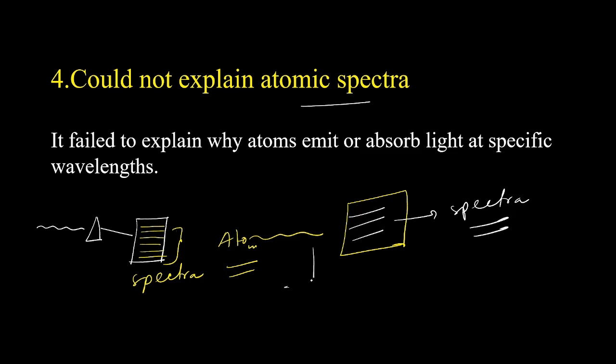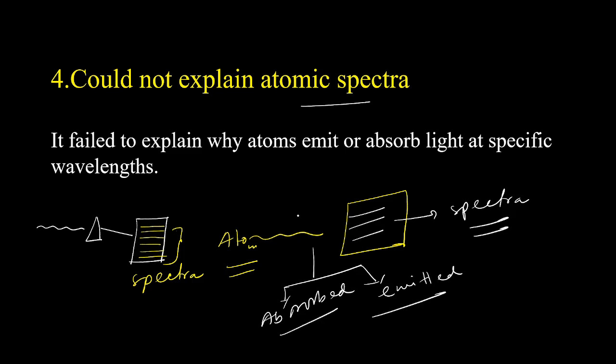Atomic spectra can be absorption spectra or emission spectra. The atomic spectra can only be obtained when energy comes from the atom.